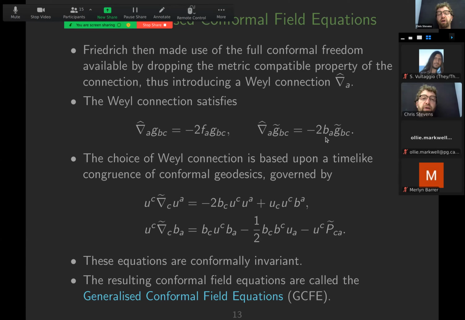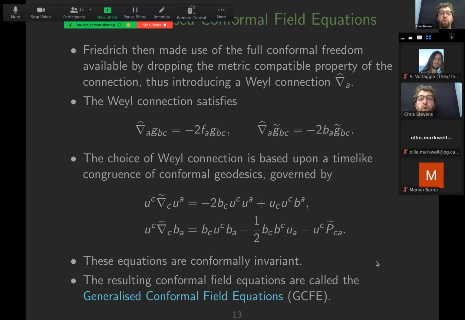Because if you have a one form, suppose you say B is the one form which the Weyl connection has when it acts on the physical metric, then you could say, well, why don't we fix it by adapting ourselves to some sort of conformal congruence of conformal geodesics. So in particular, if B was 0, this would reduce to the standard equations for the metric geodesics.